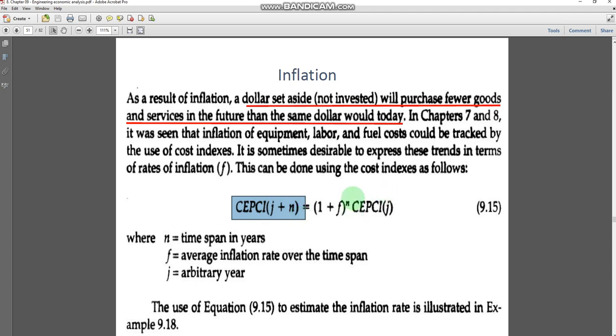So that would be the CEPCI for the new year, and you have to compare it with the CEPCI for the previous year. 1 plus f represents the average inflation rate over the time span, and n represents the number of years. Okay, so let us solve one question related to inflation, and we'll see how we can get the value for the average inflation.